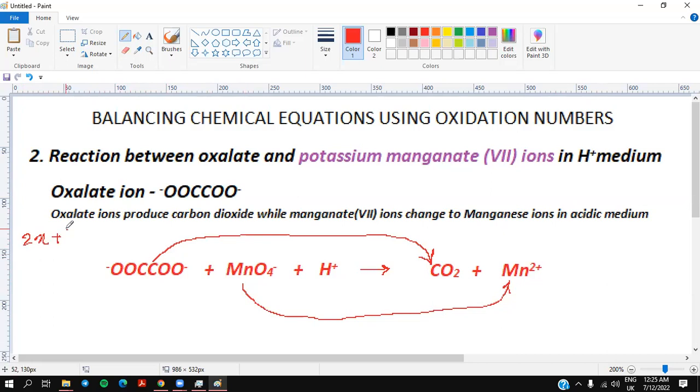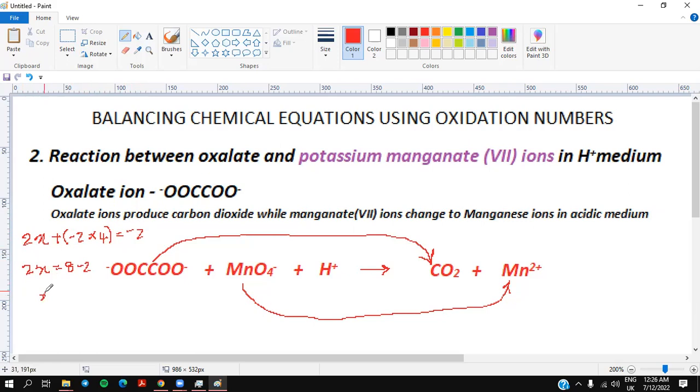plus, there are 4 oxygen atoms, 1, 2, 3, 4. 4 oxygen means minus 2 into 4. The overall charge of the ion is minus 2. So we have 2x equals, this is minus 8. When it goes to the other side, it becomes plus 8 minus 2.